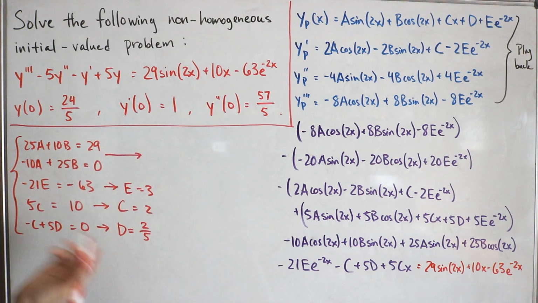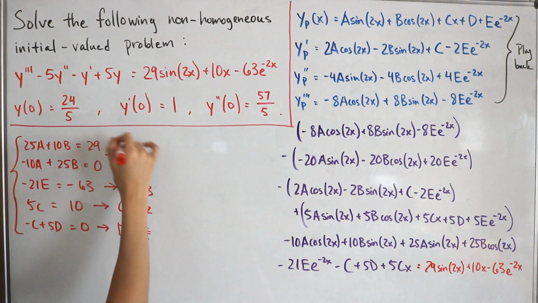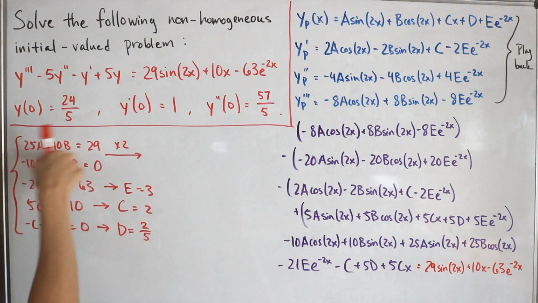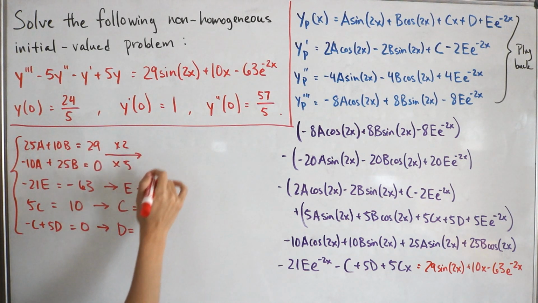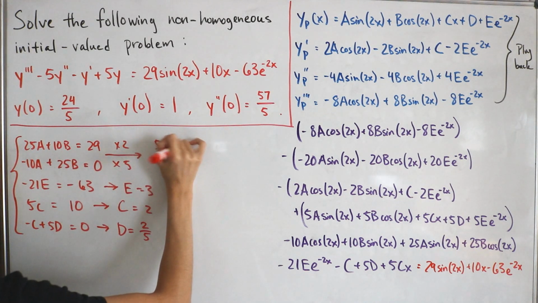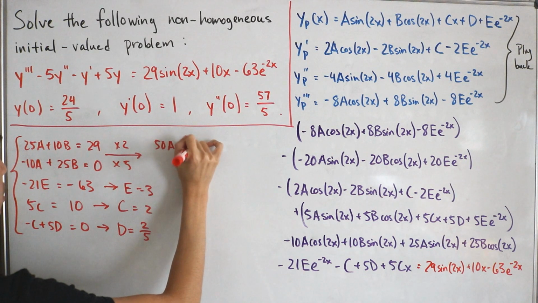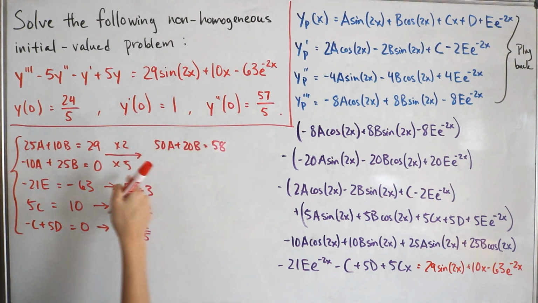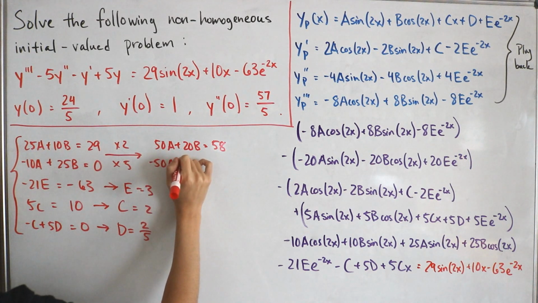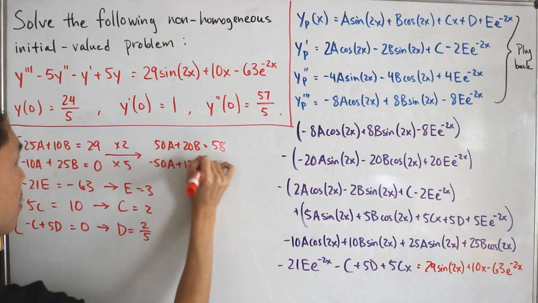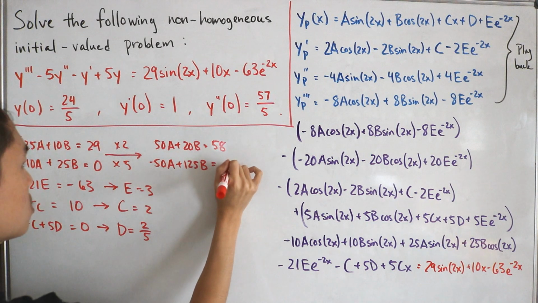So what I'm going to do here is set this up as a system of equations. I'll multiply by 2 for the first line of the equation and multiply by 5 for the second line. Now that'll yield us 50a, add this with 20b, is equal to 58. And for the second equation, I have negative 50a, add this with 125b, set this equal to 0.